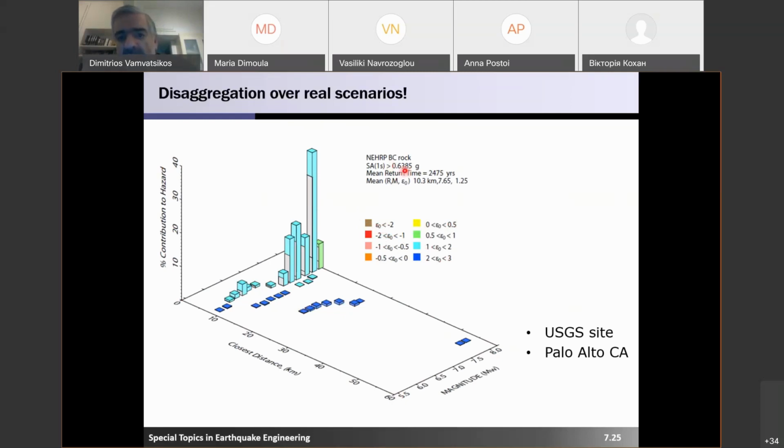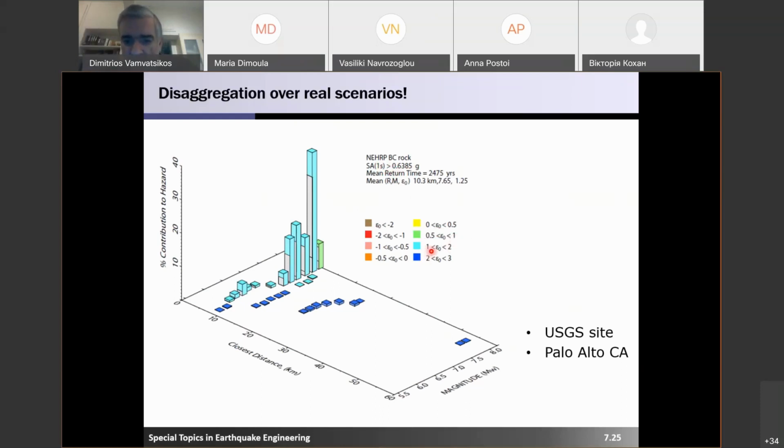Again, this is 0.63 g at 1 second. That's a very, very large value of acceleration. Again, 1 second acceleration, 0.63, whoa, that's large. And to get to that, you need rare ground motions. Rare ground motions are the ones, for a given rate, that have a high epsilon. There are weird ones.